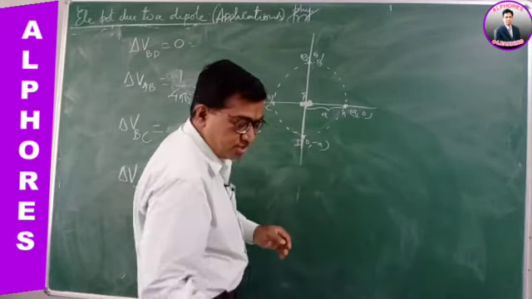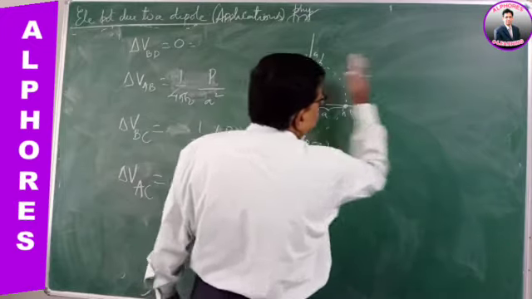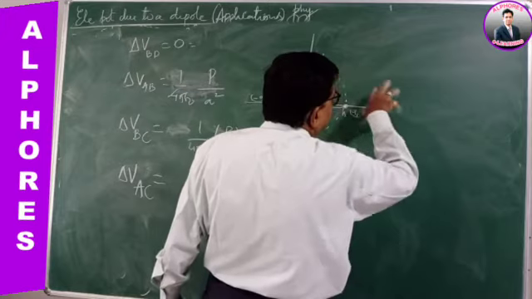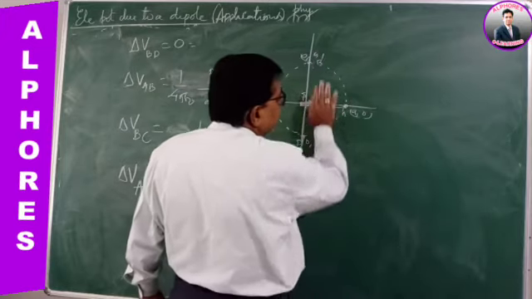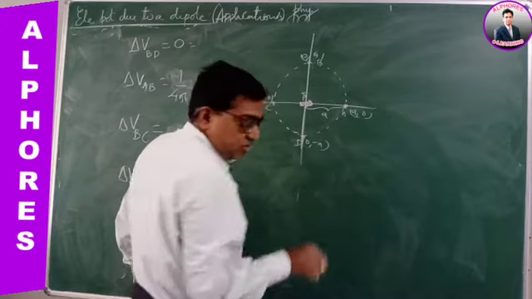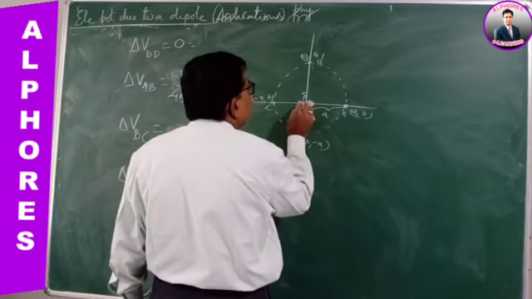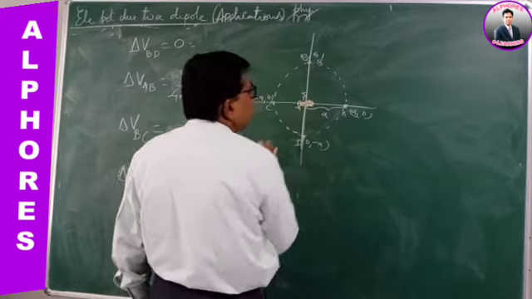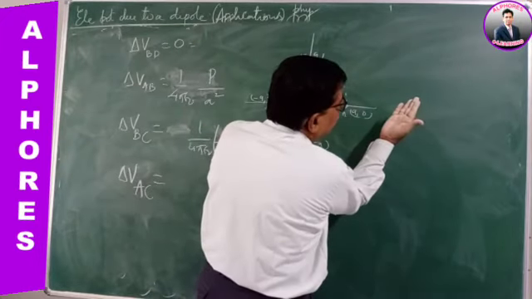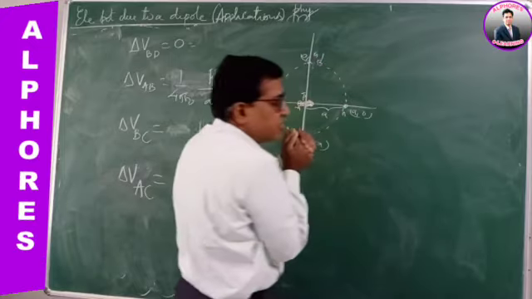Just see: on the right side of the dipole, all the points are nearer to the positive charge of the dipole. The positive charge of the dipole is here, the negative charge is here, and the direction is here. So with respect to the y-axis, all the points on the right side, that is the first and fourth quadrants, are nearer to the positive charge.